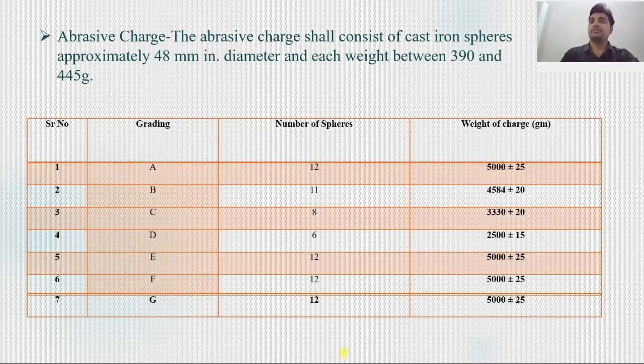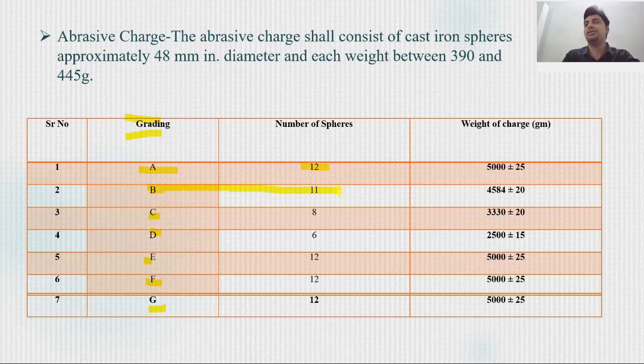So once again, you should refer to this table, the grading of the sample like grade A, grade B, grade C, D, E, F and G. Clear? So the number of spheres depends on the grading of the sample. For example, if you have a grade A sample, you have to add 12 spheres in the Los Angeles machine. And as we know, we have taken the grade B sample.